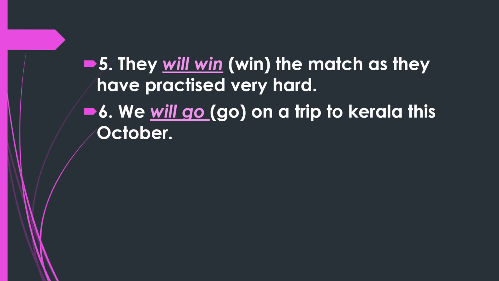The sixth one is we dash on a trip to Kerala this October. The verb given in the bracket is go. So we would add will before go and make the sentence in the future tense. The sentence will become we will go on a trip to Kerala this October.